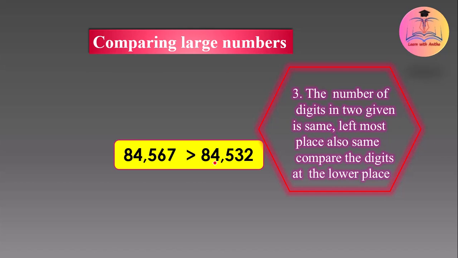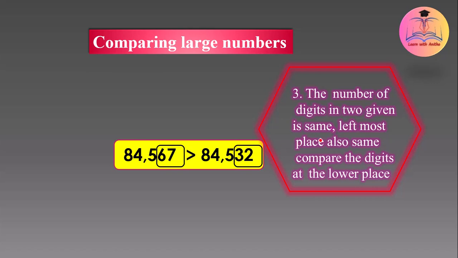Then what will we do? The third rule says compare the digits at the lower place. That means you have to check the next place. Next place is also the same, right? 4 here and 4 here. Then the next place, here 5 and here 5. Now we will check the next place, that is here 67 and here 32.